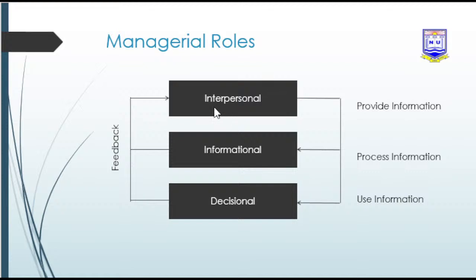So you need to make sure that you have proper decision making, and that decision, you use the information that you have processed at the information level, and then you make decisions. Those decisions, whatever you have disseminated as your decision, please inform the people you're leading.